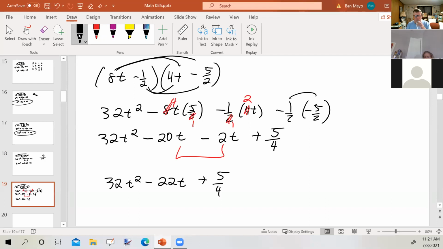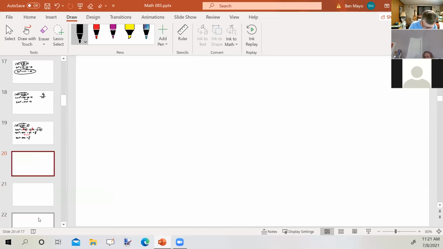Any questions there? All righty. Take a look at this problem. S cubed minus 6 times s cubed minus 8.